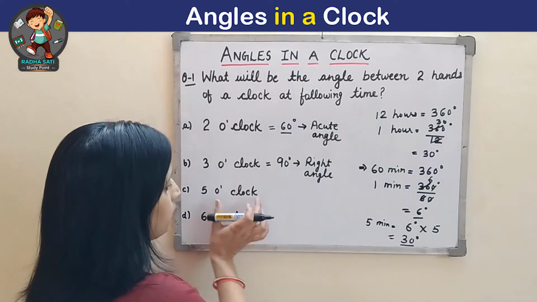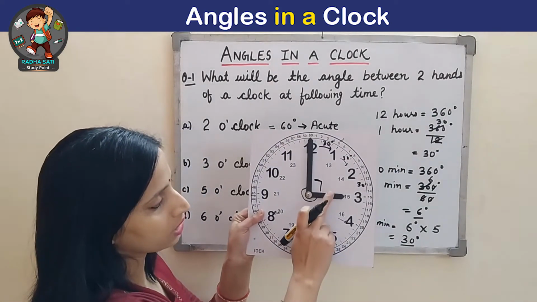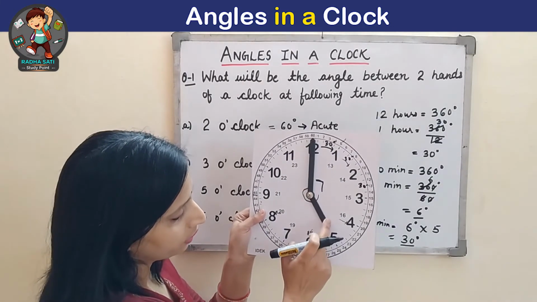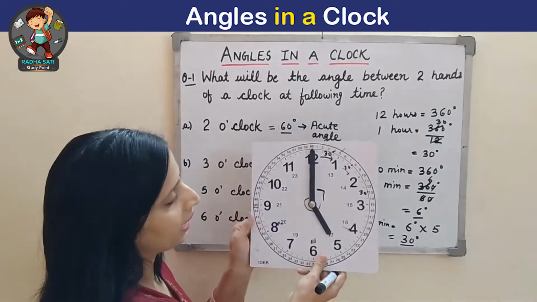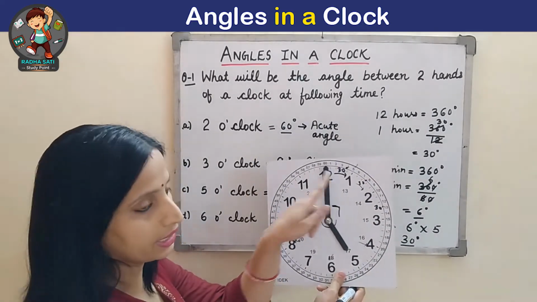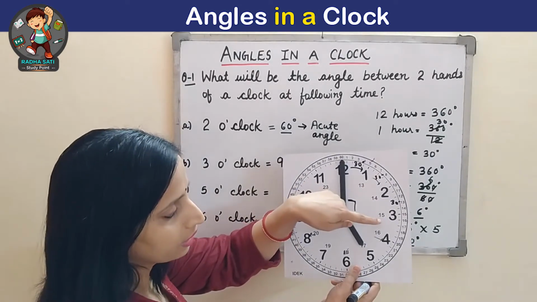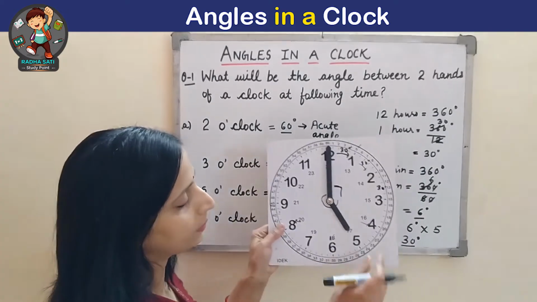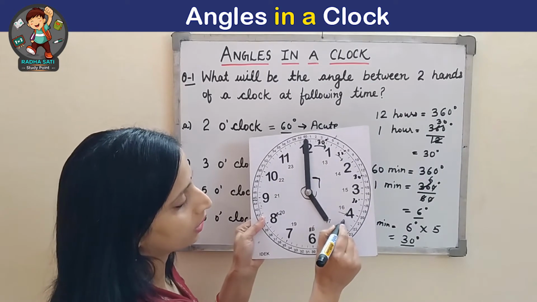Now the next is 5 o'clock. At 5 o'clock, the hour hand will move from 3 to 5 and our minute hand is at 12. Again we can easily find: 30, 60, 90, then 90 plus 30 is 120, and 120 plus 30 is 150.